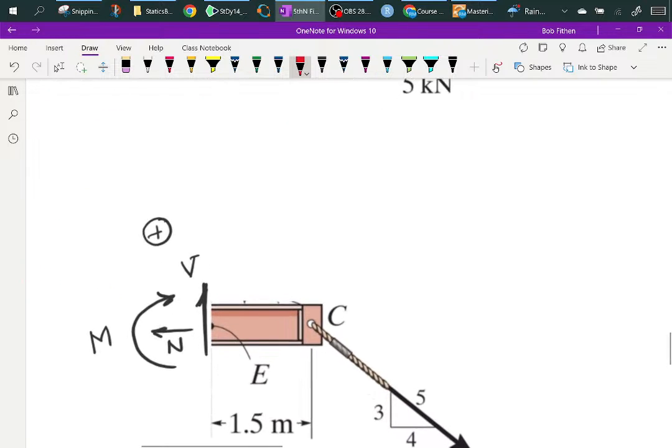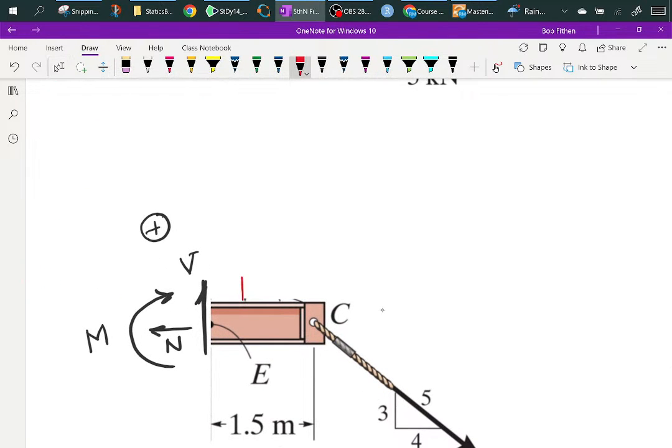But how do you do that? Well, you put one load over, that is 0.5, and then a 0.5, and then a 0.5.